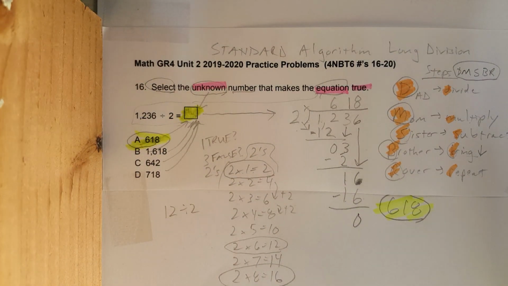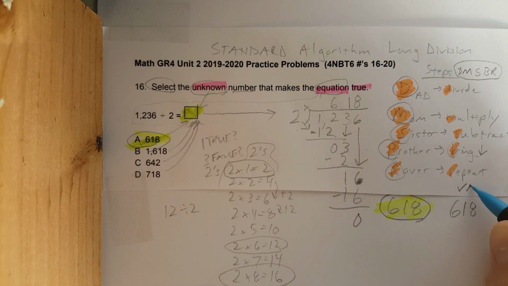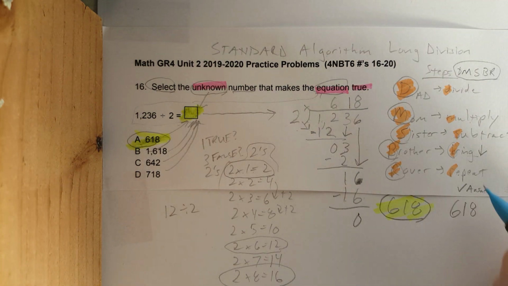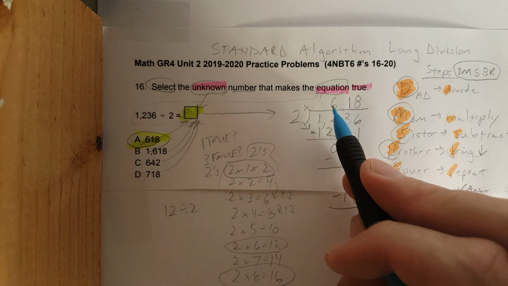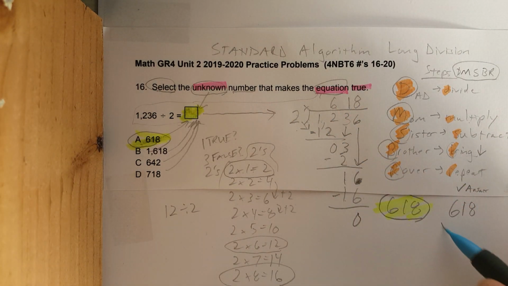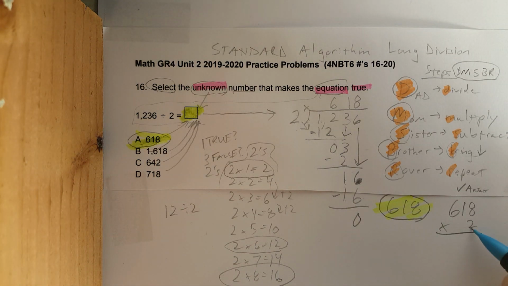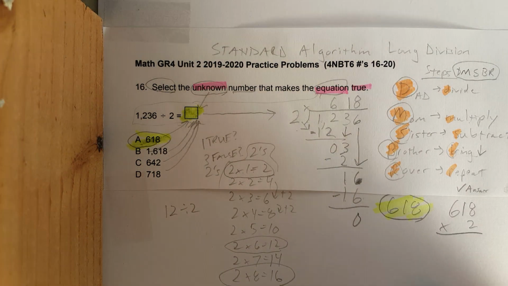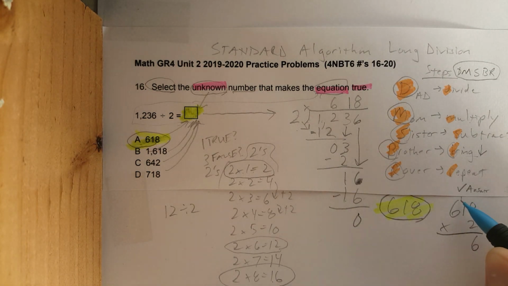Now, when you are doing standard algorithm long division, you can always check your answer. All you need to do is take 618 times 2, and I'll just do standard algorithm multiplication. 8 times 2 is 16. There are 6 ones. I carry the 1. 2 times 1 is 2.